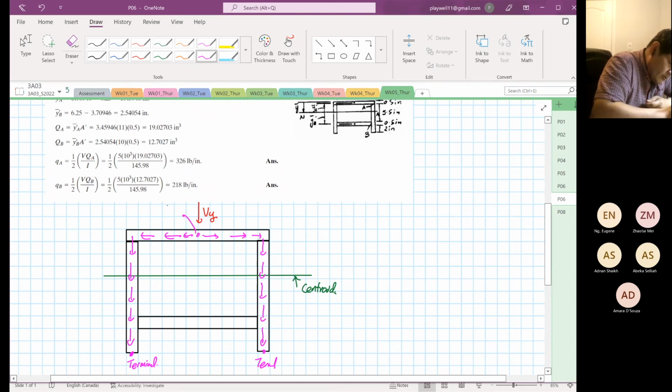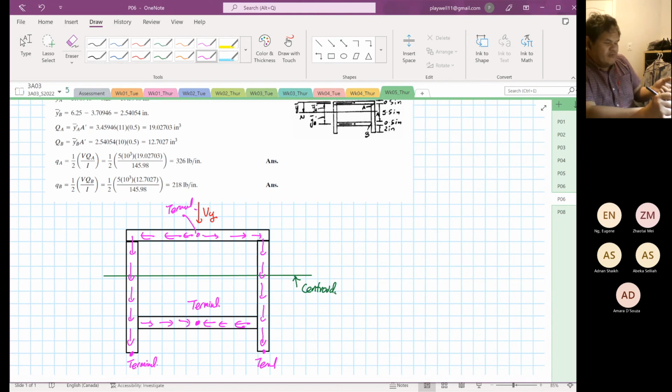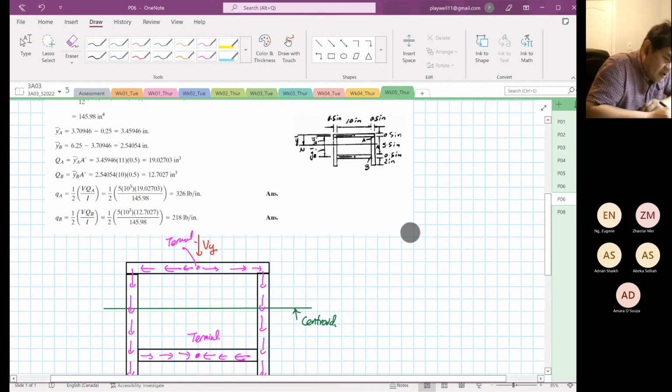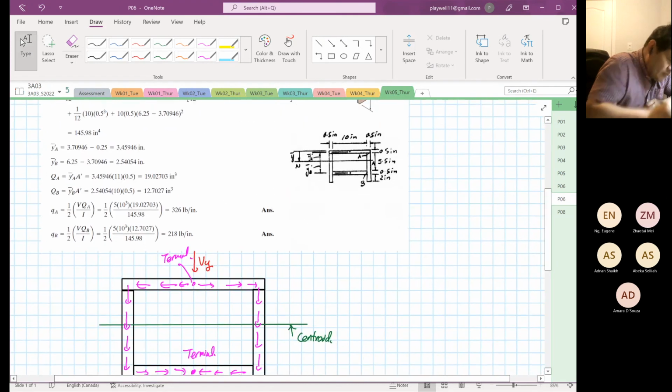This is also a terminal, right? And then at this point, this thing will come in. And this is also our terminal, right? So now it gets really, really confused. Which is the, so at point A, if we look at point A, so this is where they call point A.